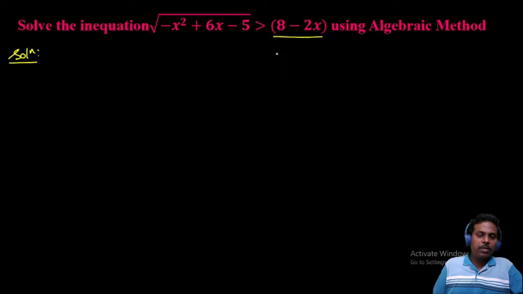You can square only when this quantity is positive. That's why two cases arise in order to solve the given inequation.